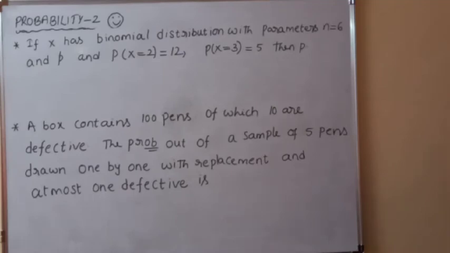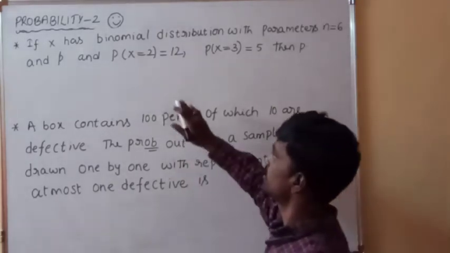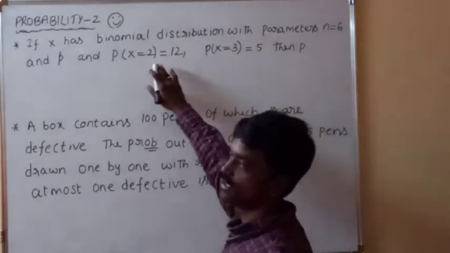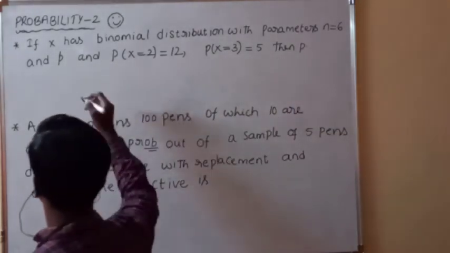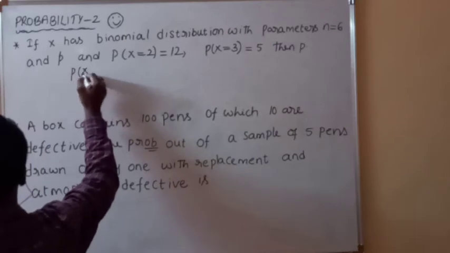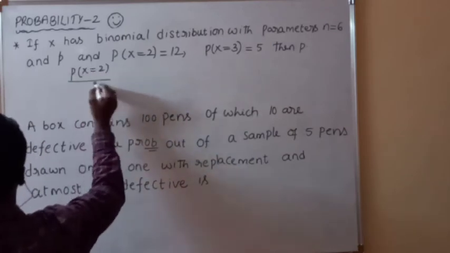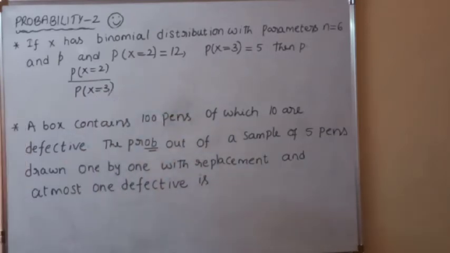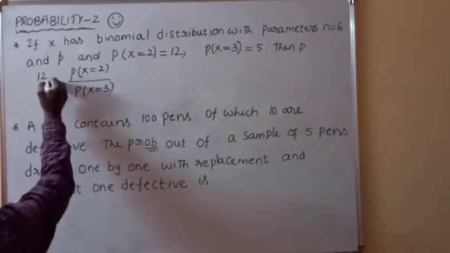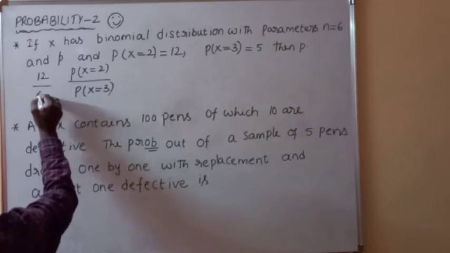For this kind of problems, it is better to consider the ratio of the given data, the ratio of P(2) to P(3). So P(X=2) divided by P(X=3). P(X=2) value is 12 and P(X=3) value is 5.